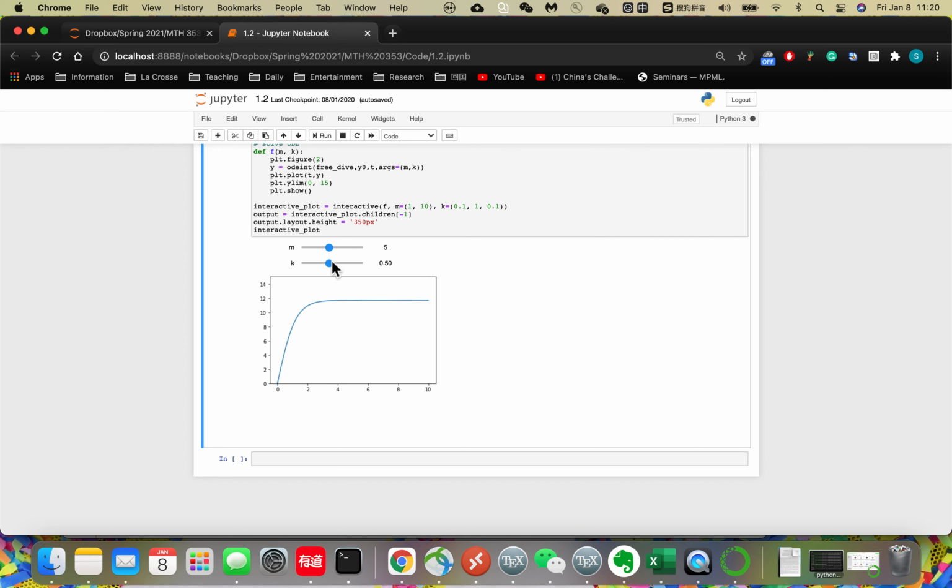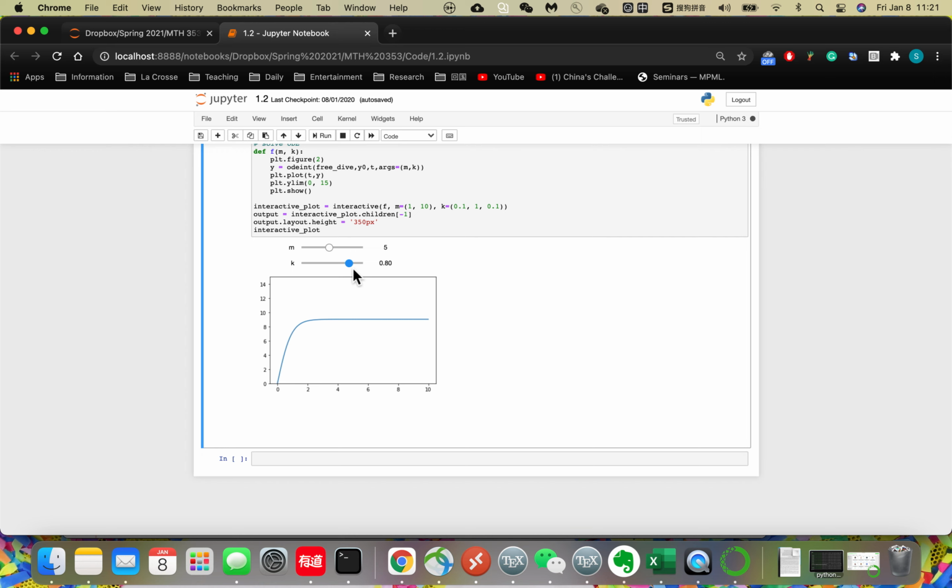A second thing you can think about is, if you keep your mass, now you build the parachute to be stronger, to increase the K. A bigger parachute is going to give you a bigger K, which means bigger air resistance.